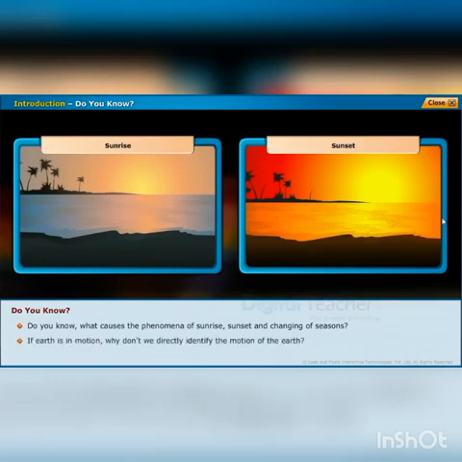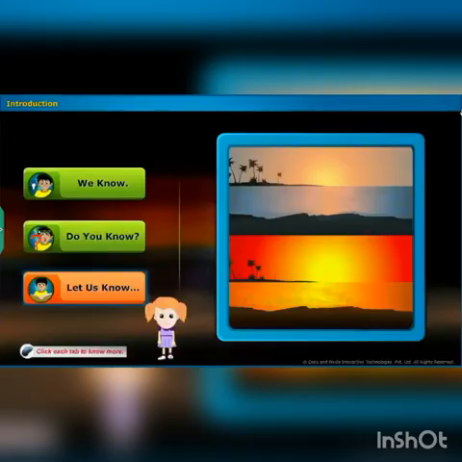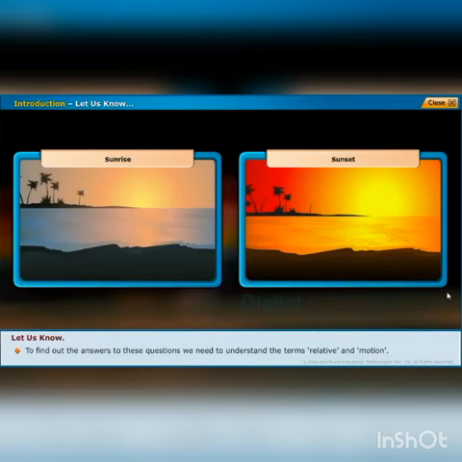If Earth is in motion, why don't we directly identify the motion of the Earth? To find out the answers to these questions, we need to understand the terms relative and motion.